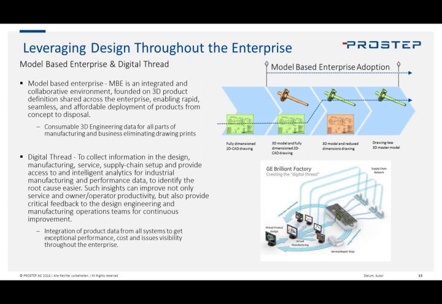The second is digital thread, and this is something I think specific to GE and a few other companies, but the idea is to collaborate information between these different types of systems so that you have representative feedback all the way across from design to manufacturing, service and repair, and other ERP-type functions.